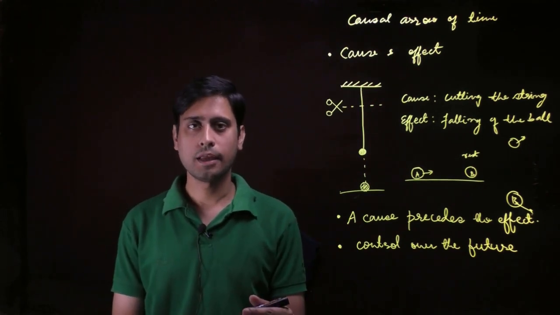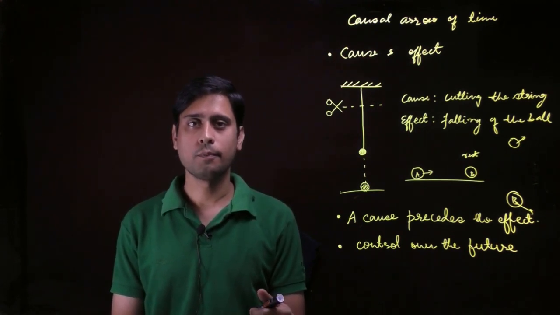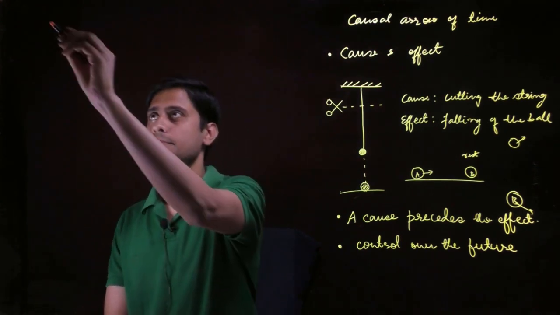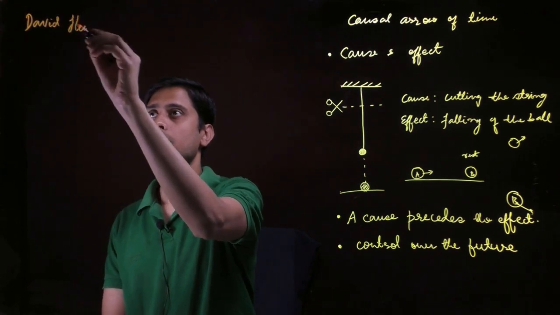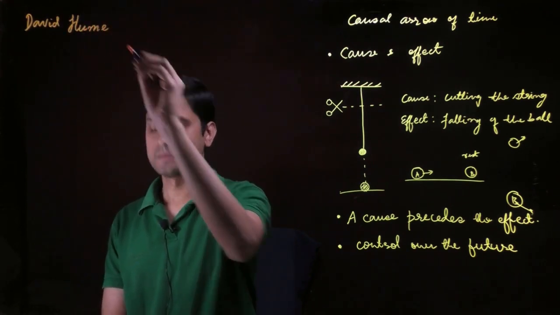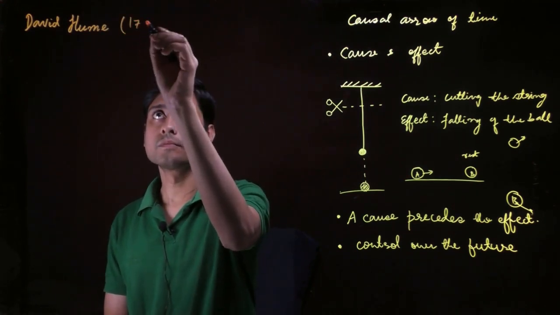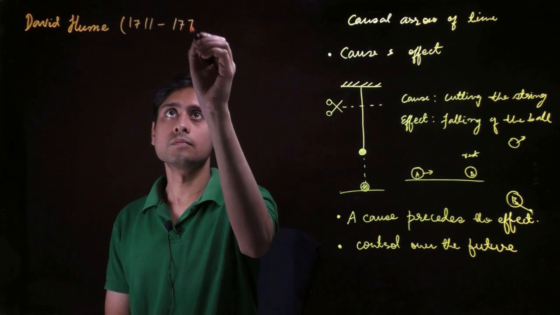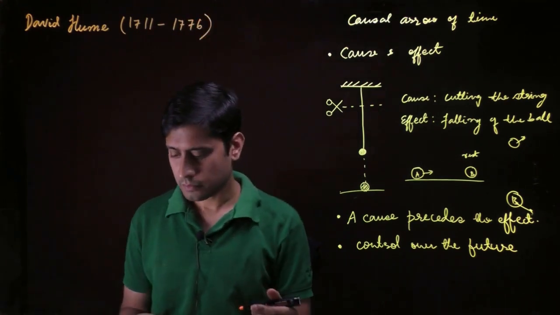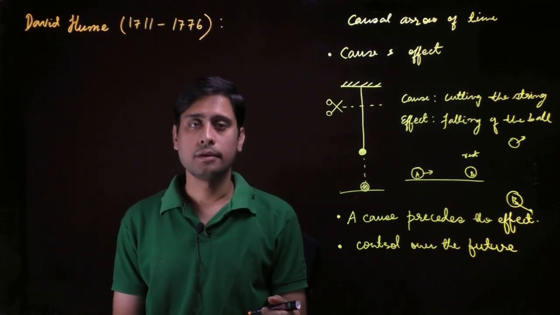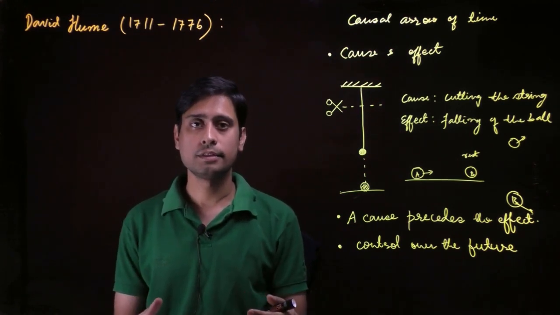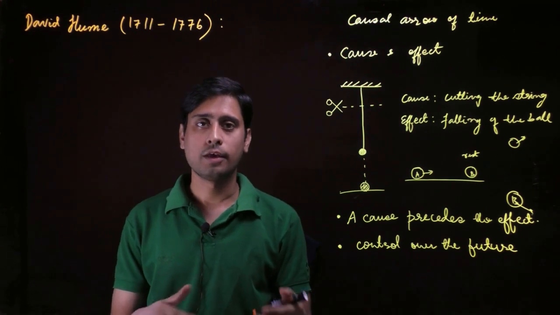But the interesting thing came with the Scottish philosopher and proponent of the school of empiricism, David Hume. Hume said that there is an epistemological problem with causation, causality, or the causal arrow of time.